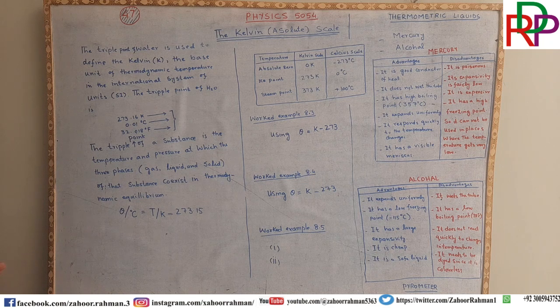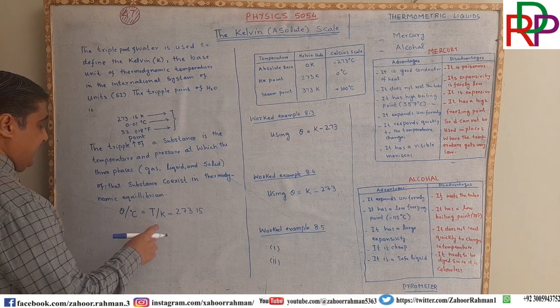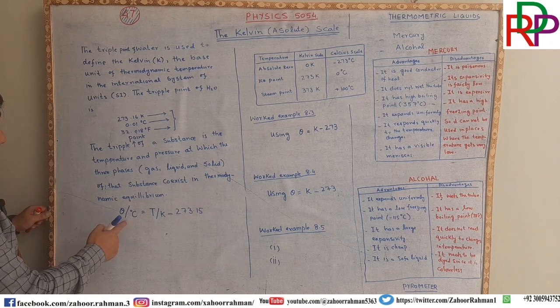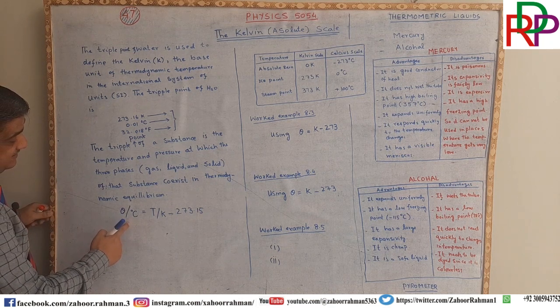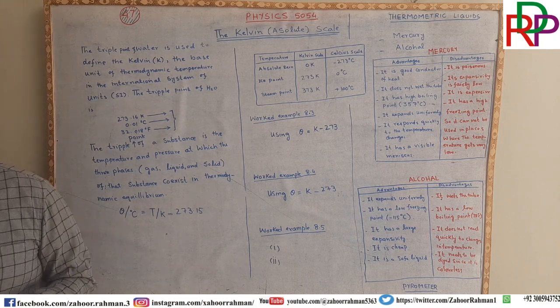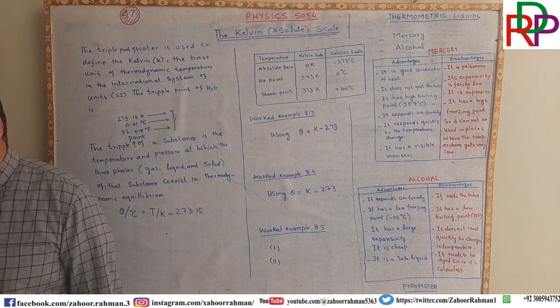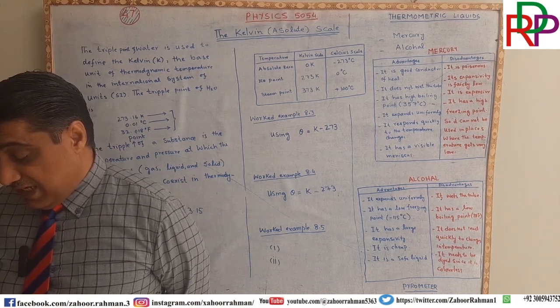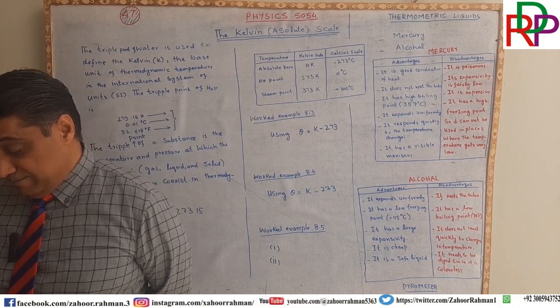This Celsius scale, once again I am repeating, is introduced to create a relationship between Kelvin scale and the centigrade scale. The unit for this scale is Kelvin, which is the SI unit for temperature.